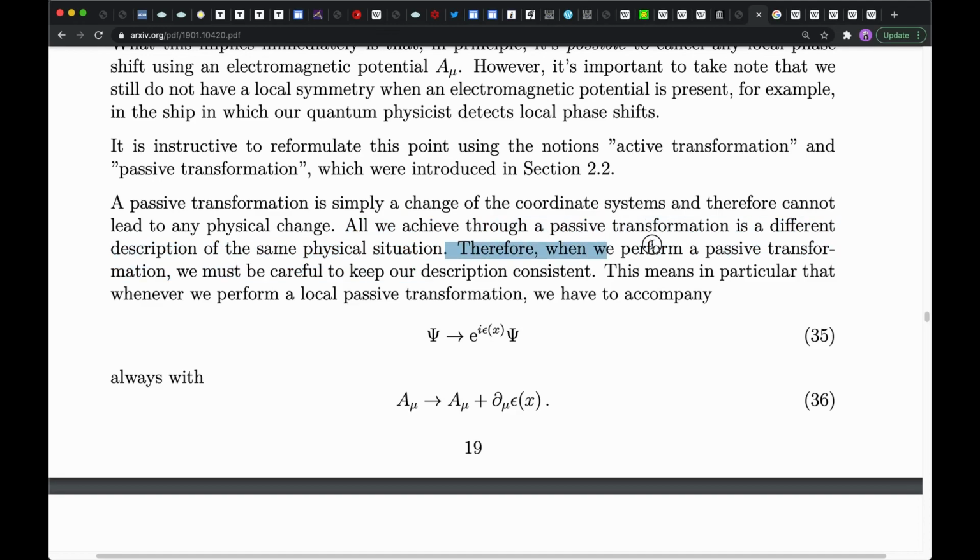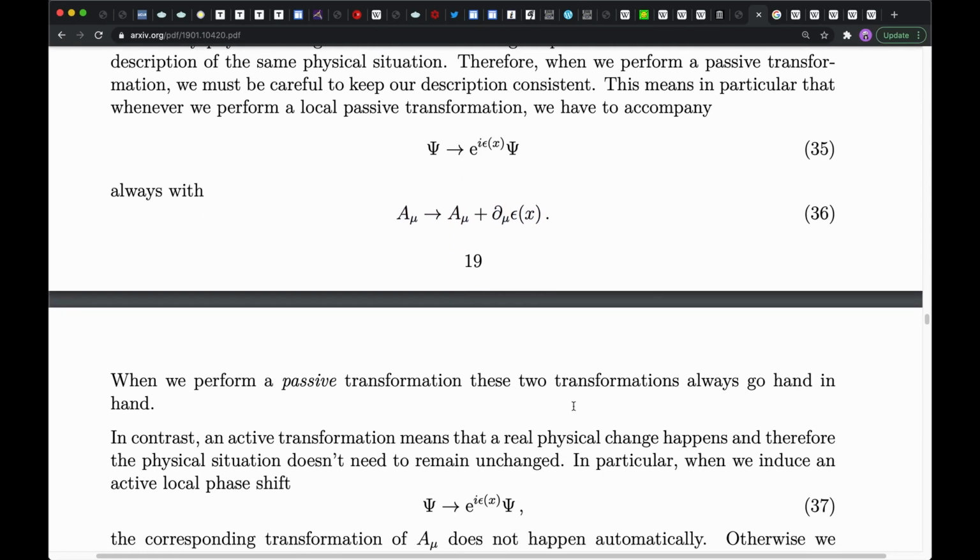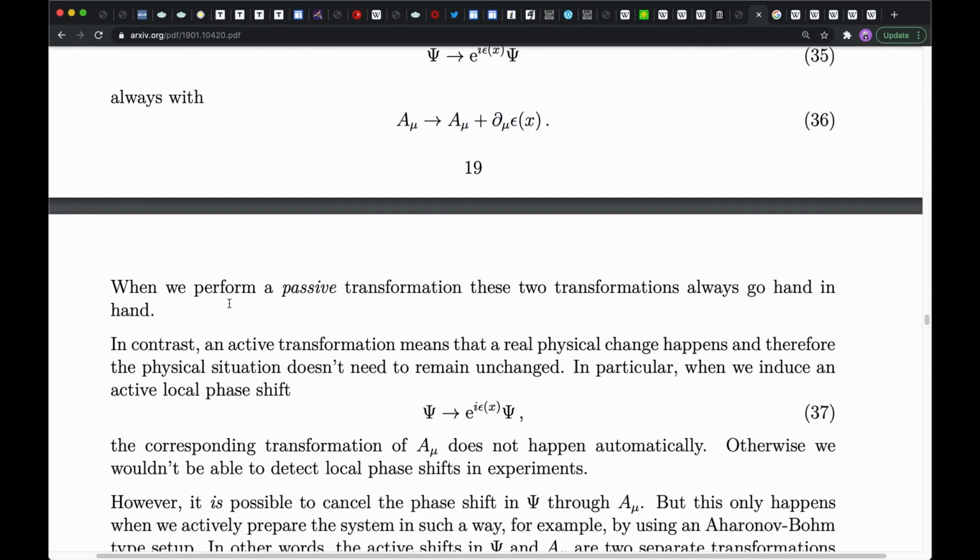Therefore, when we perform a passive transformation, we must be careful to keep our description consistent. This means that whenever we perform a local passive transformation, we have to accompany the change of the wave function with the change of our bookkeeper here. These two transformations always go hand in hand.